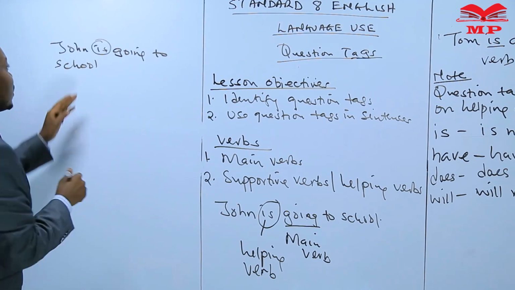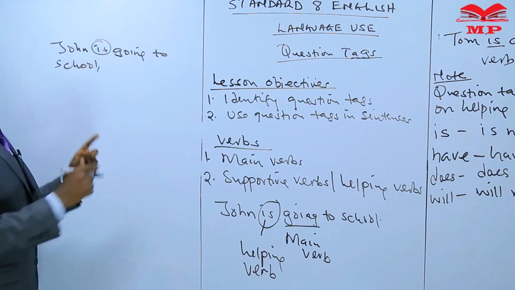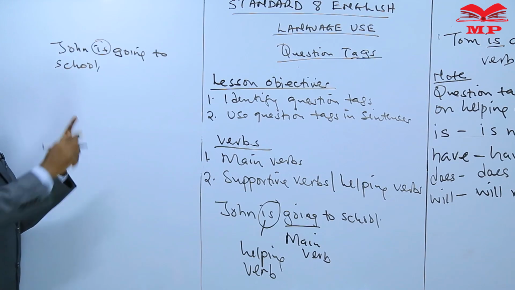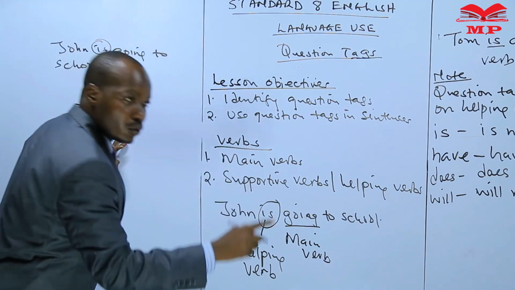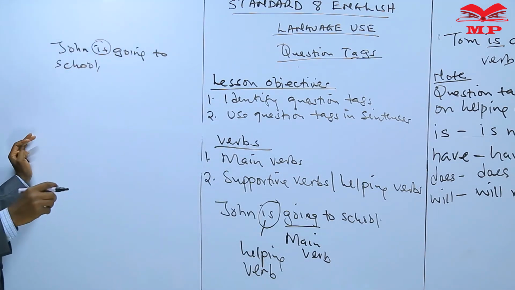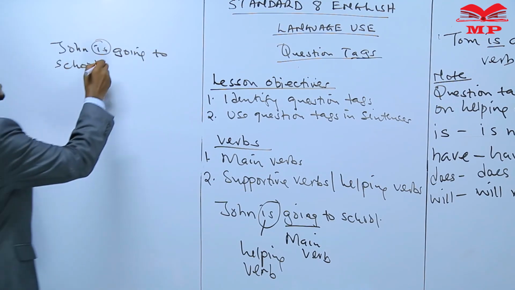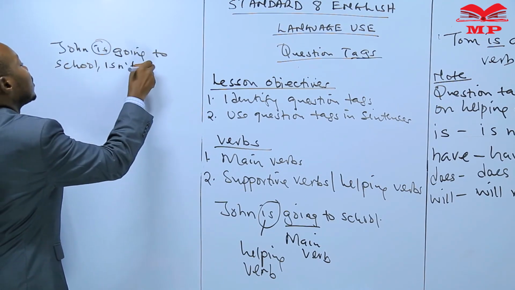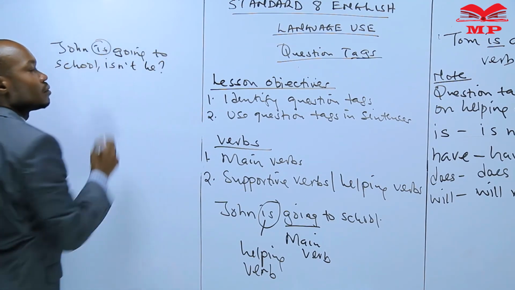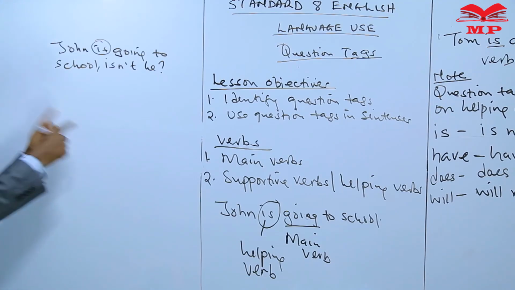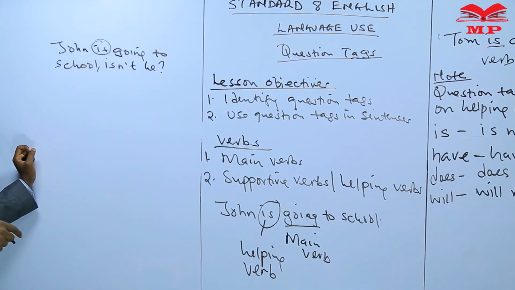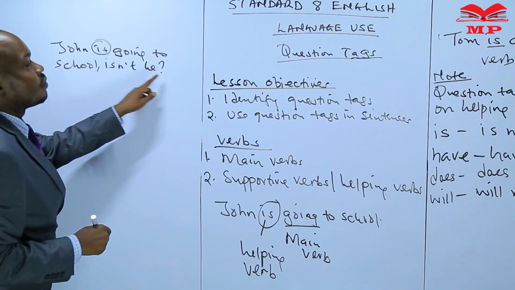This sentence is a positive one. John is going to school. So we're going to get a tag which is negative. Isn't he? Then you put a question mark. In other words, is he not? Okay. So we're going to give a negative tag.